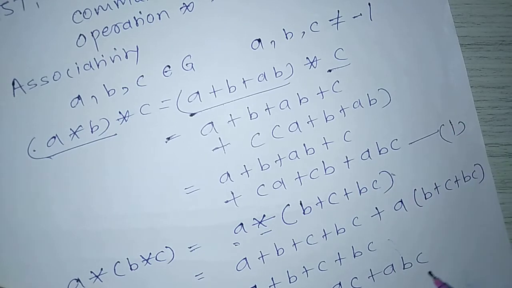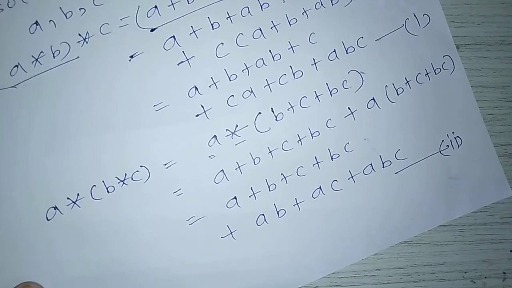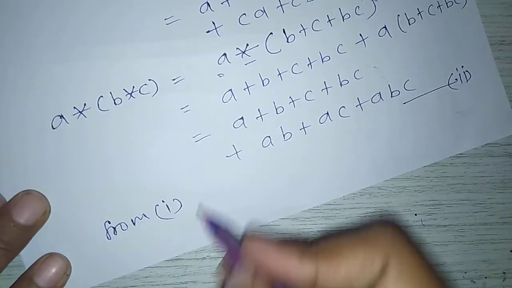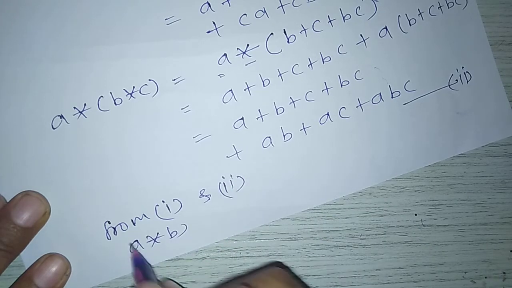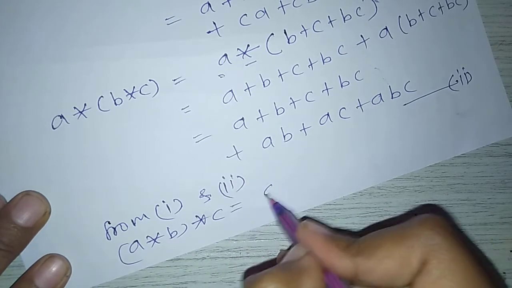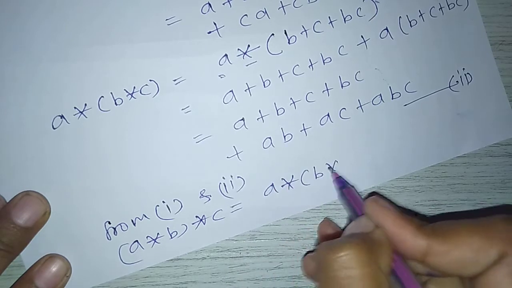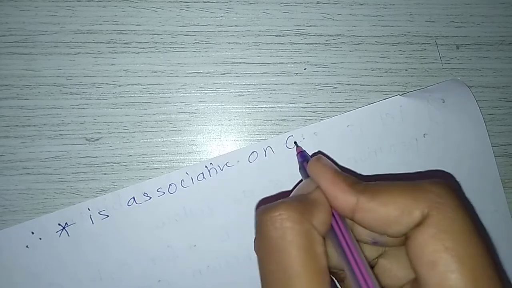From 1 and 2, we get (A star B) star C equal to A star (B star C). Therefore, star is associative on G.